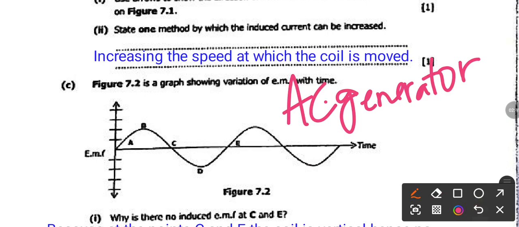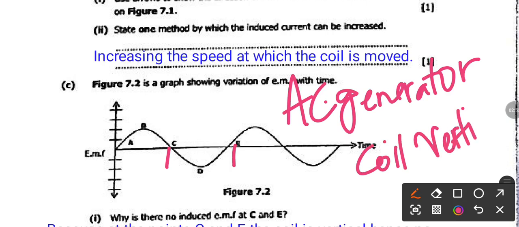So if this is an AC generator, then points C and E would be the points where the coil, you should remember this, is vertical. And when the coil is vertical, it means that the direction of the magnetic field lines is in the same direction as the direction in which the coil is moved.